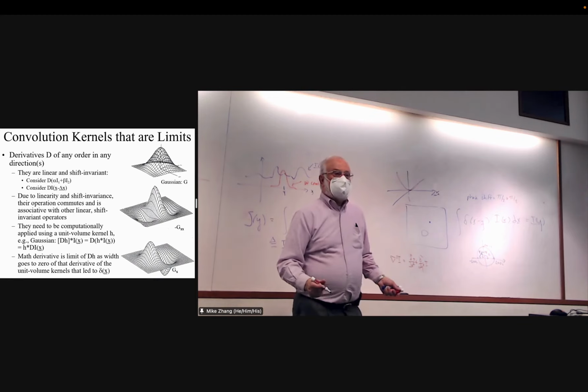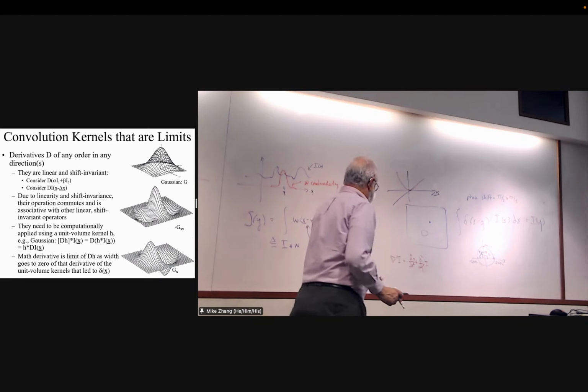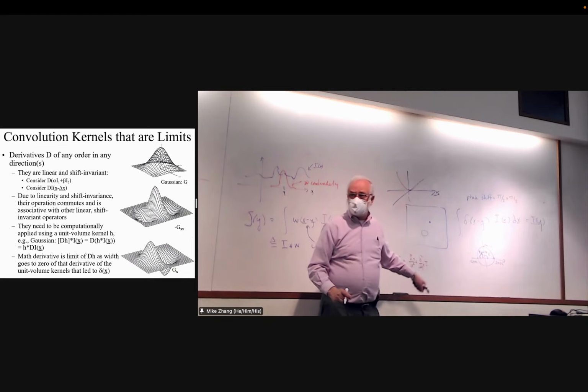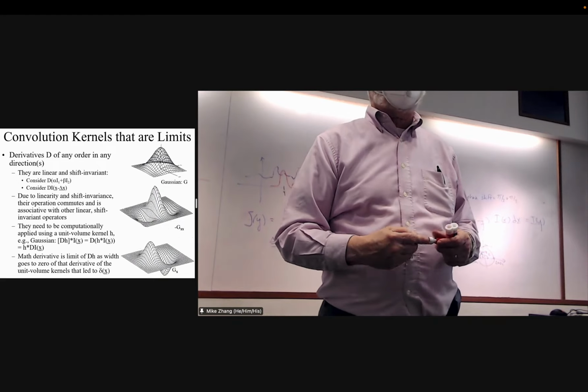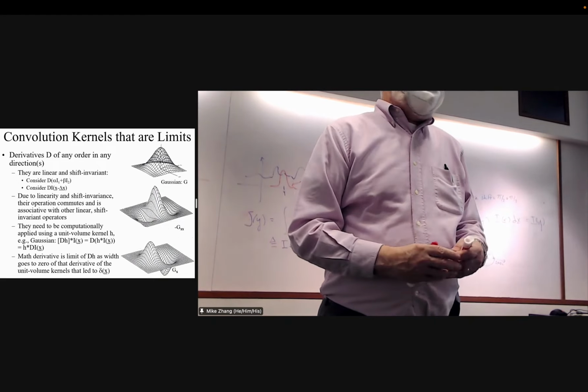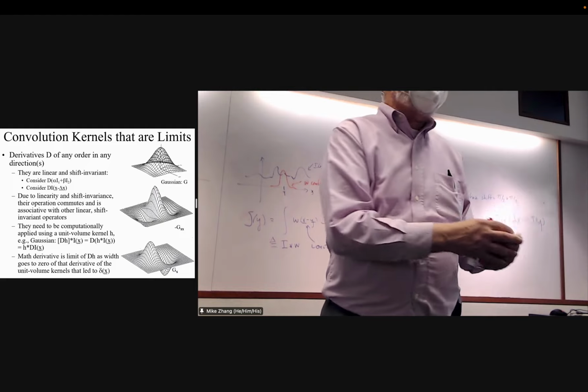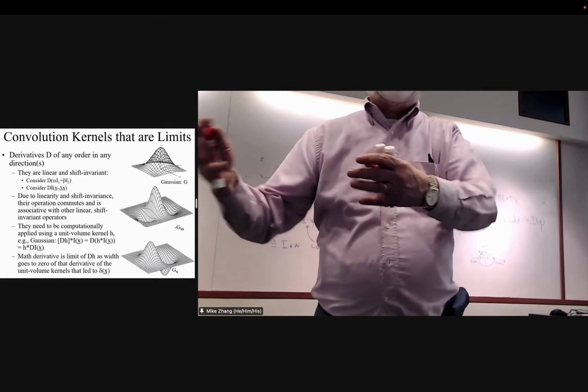But that Laplacian operation is a linear combination of second derivatives in x and second derivatives in y, a weighted sum of them. That's what I mean by linear combination. And linear combinations of derivatives are also shift invariant linear.